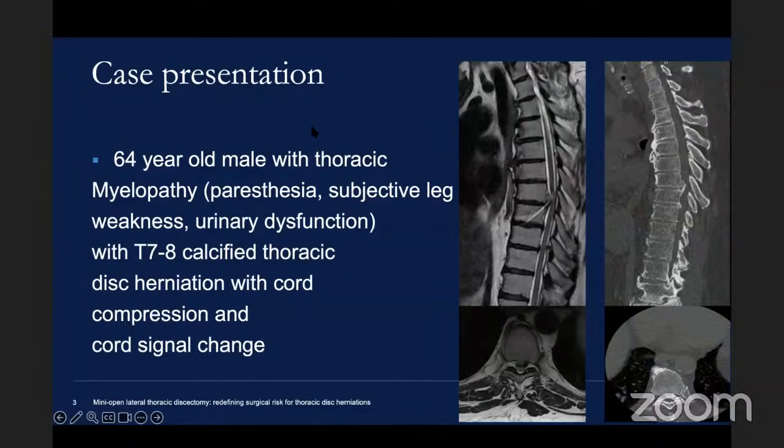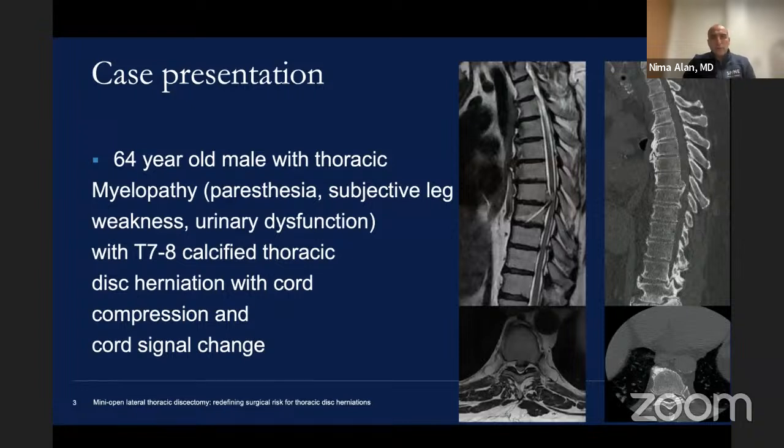Excellent. So this is a 64-year-old male with a thoracic myelopathy with multiple symptoms, including paresthesia, subjective leg weakness that manifested as a gait imbalance and urinary dysfunction, had a T7, T8 calcified thoracic disc herniation with cord compression and cord signal change.